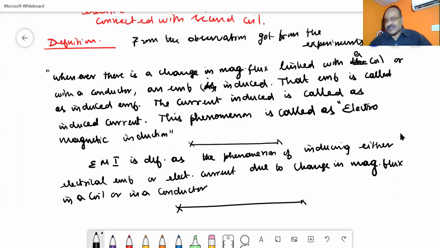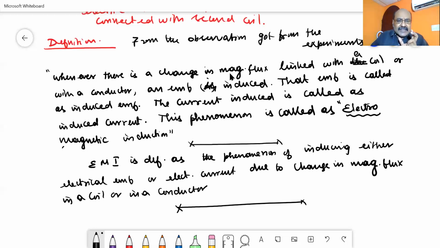Any difficulty? This part we are calling Faraday's experiments. From Faraday's experiments, we can define a phenomenon called electromagnetic induction.